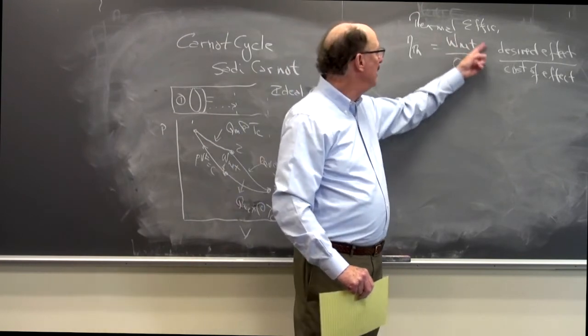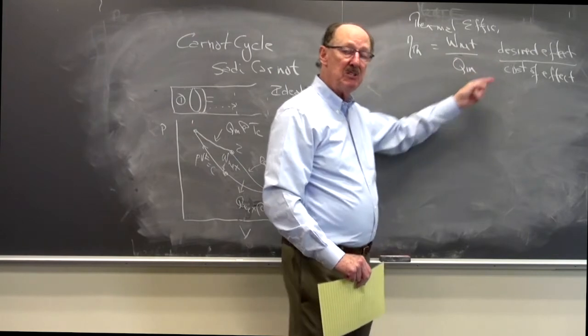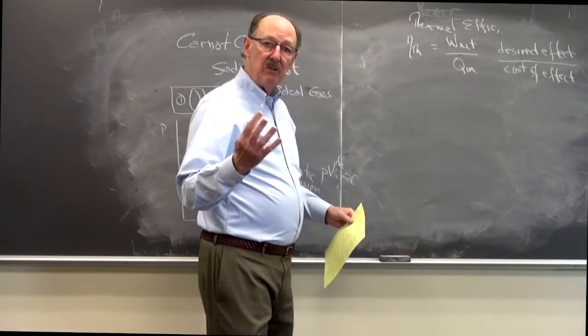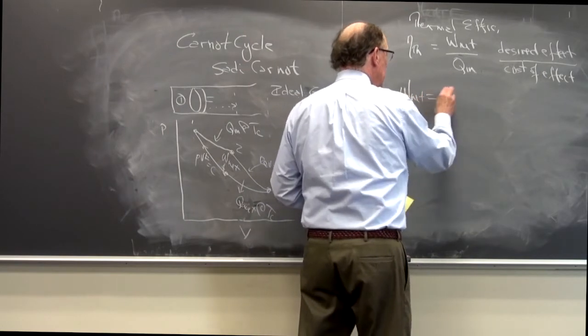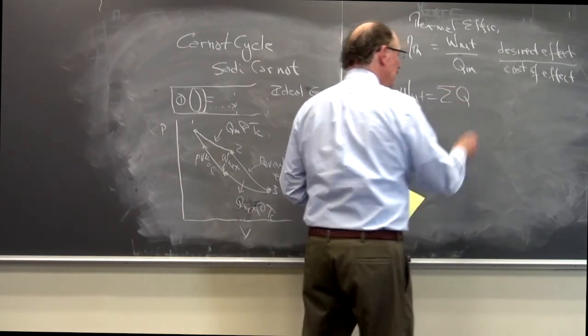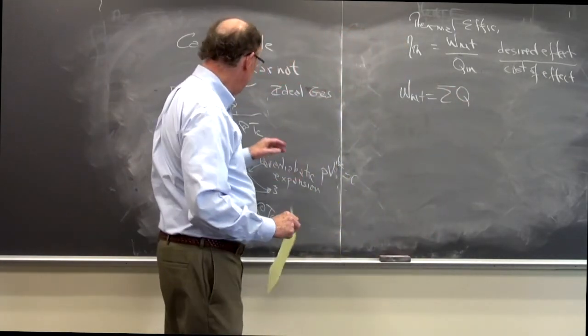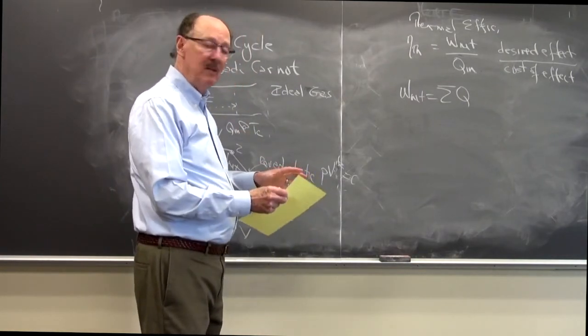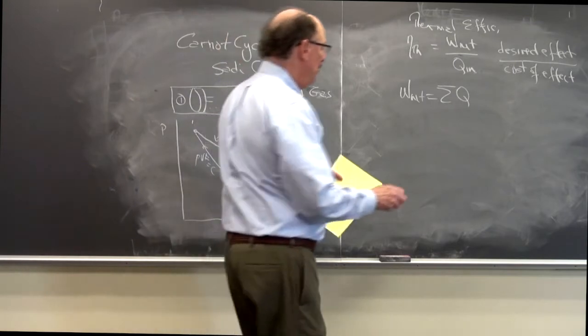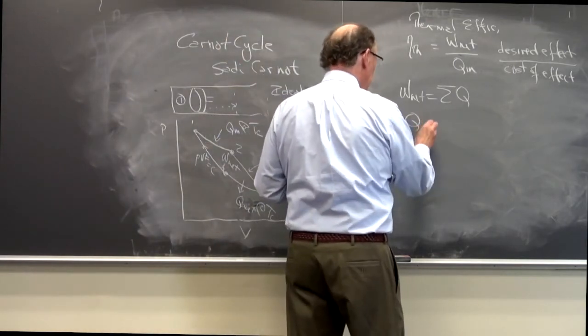And so now we needed to develop expressions for this. For a cycle, you'll remember that W net is equal to the sum of Q. So if I'm able to find Q in and Q out, I can add them together and get W net.